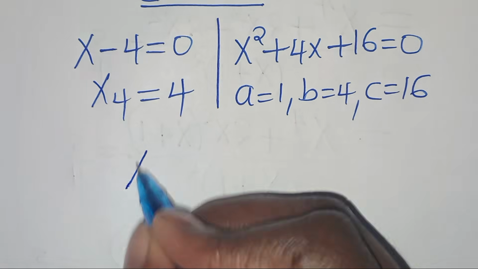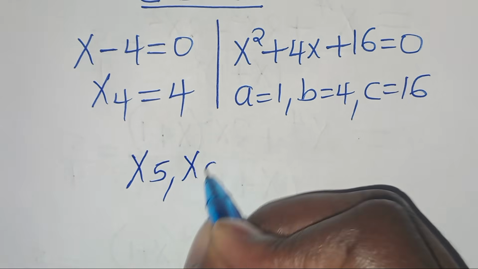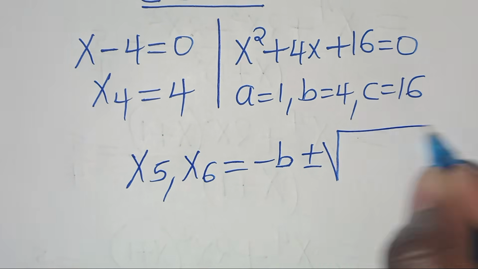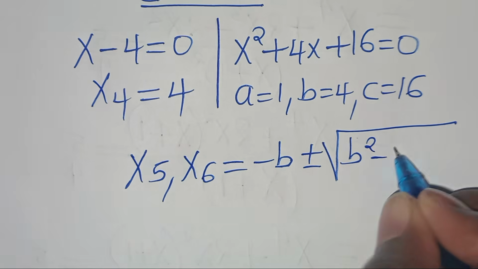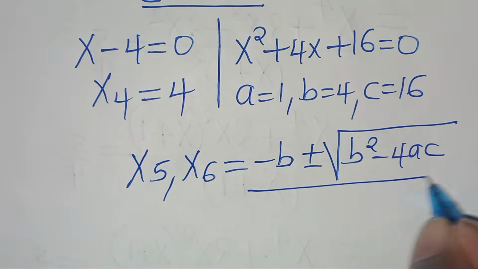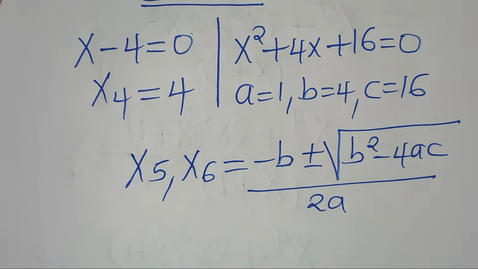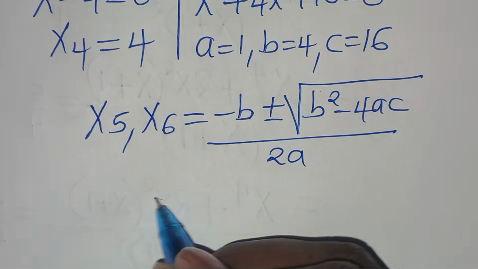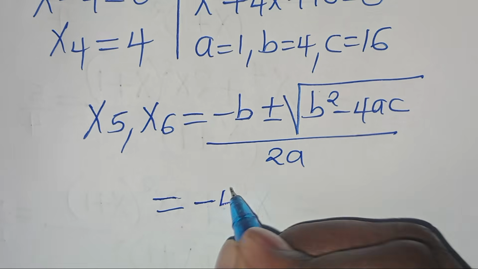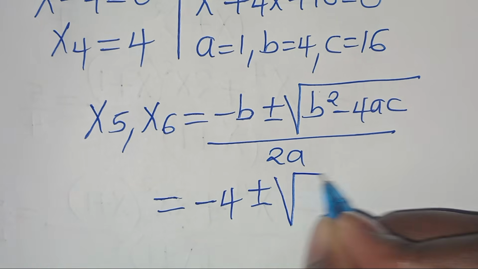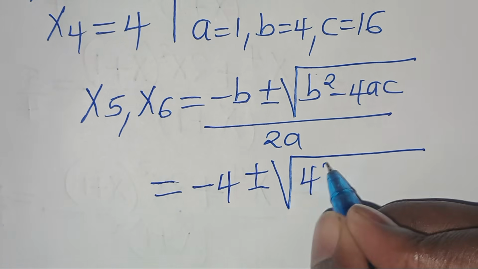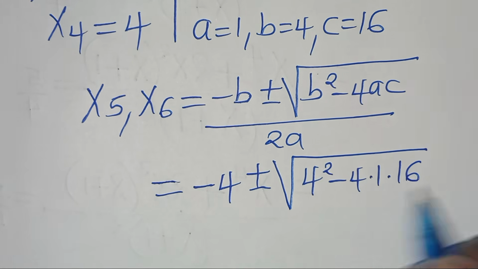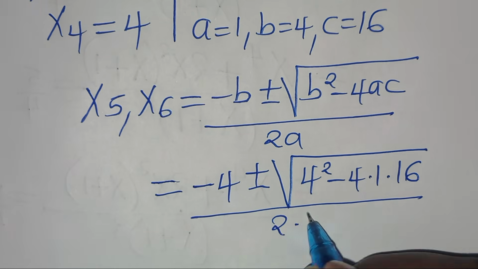So we can solve for x5, x6 by applying the quadratic formula, which is minus b plus or minus the square root of b squared minus 4ac divided by 2 times a. Let's substitute the values of a, b, and c into this formula, so that we have negative 4 plus or minus the square root of 4 to the power of 2 minus 4 times a, which is 1, times c, which is 16, divided by 2 times 1.